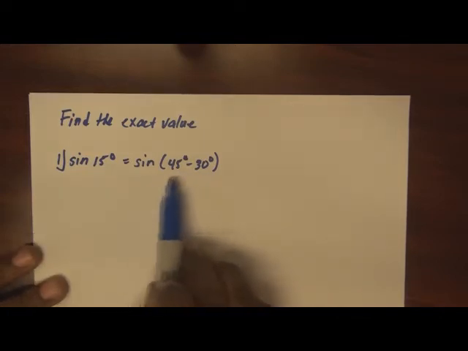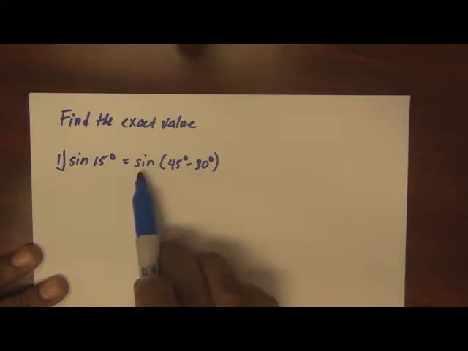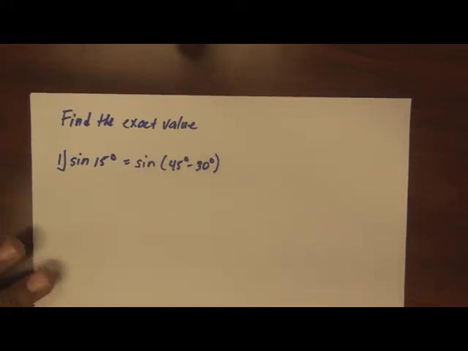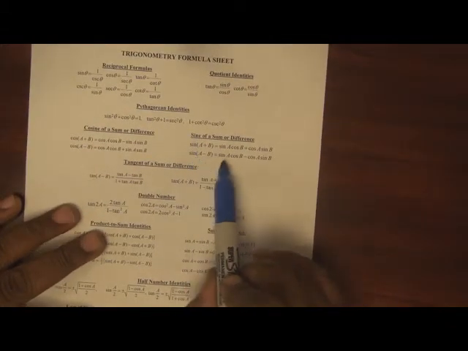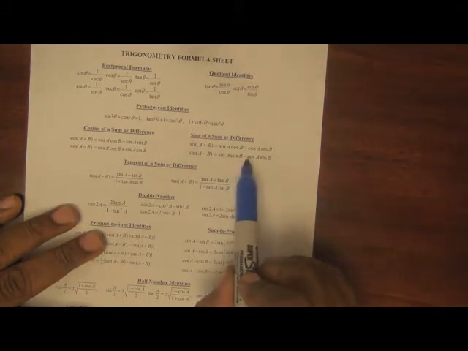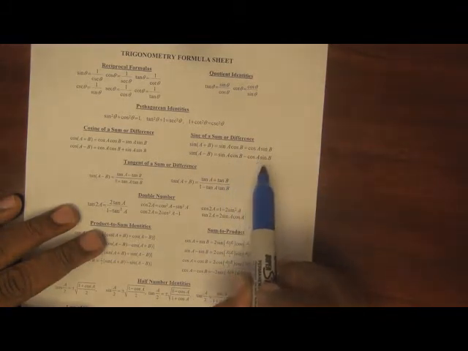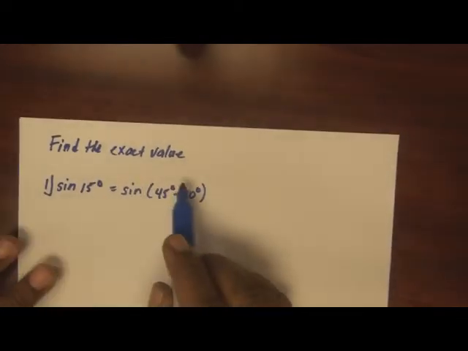If you take a look closely at this expression, notice that this is a difference of sine. So on your formula sheet, if you locate the difference of sine formula, notice that the difference of sine formula states that it's the sine of A times the cosine of B minus the cosine of A times the sine of B. So I'll simply write that formula above my problem.